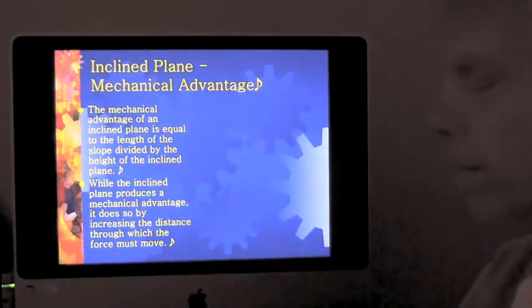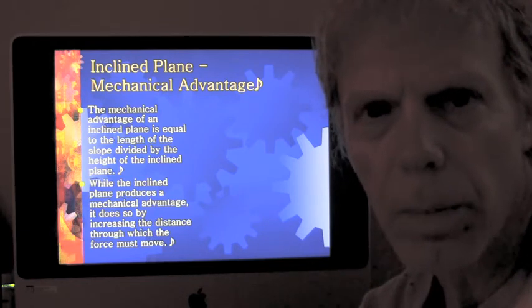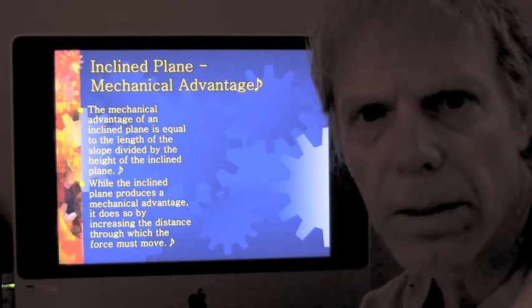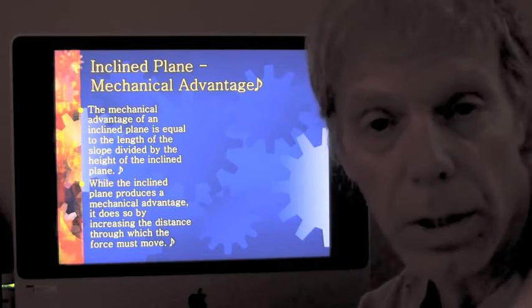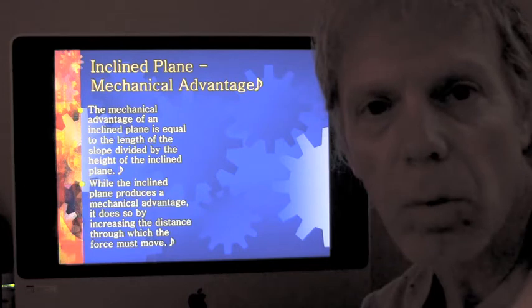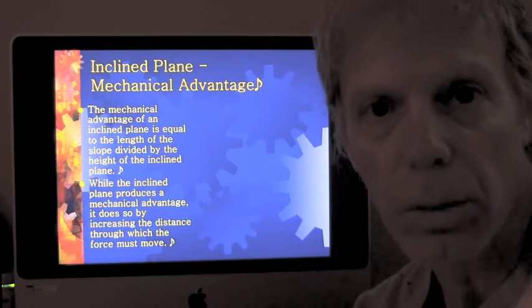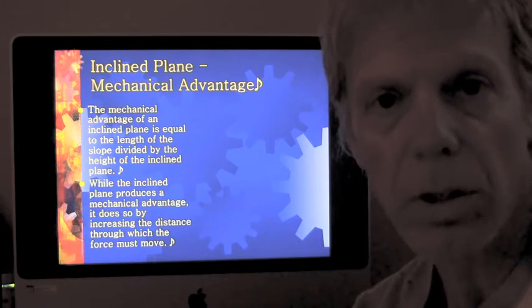Mechanical advantage, a new term, and we spoke about it earlier, that the reason we use simple machines such as an inclined plane is so that we can extend the ability of what our bodies are able to do, just based on our basic strength.